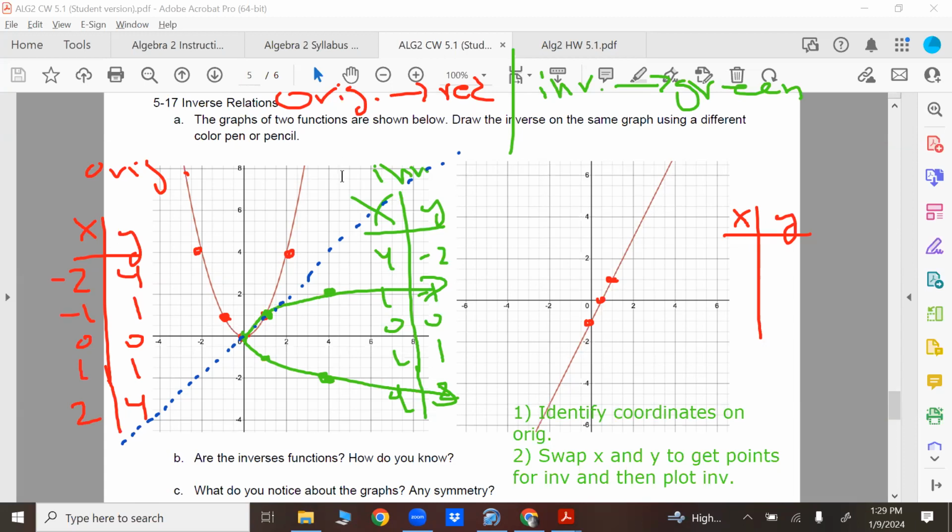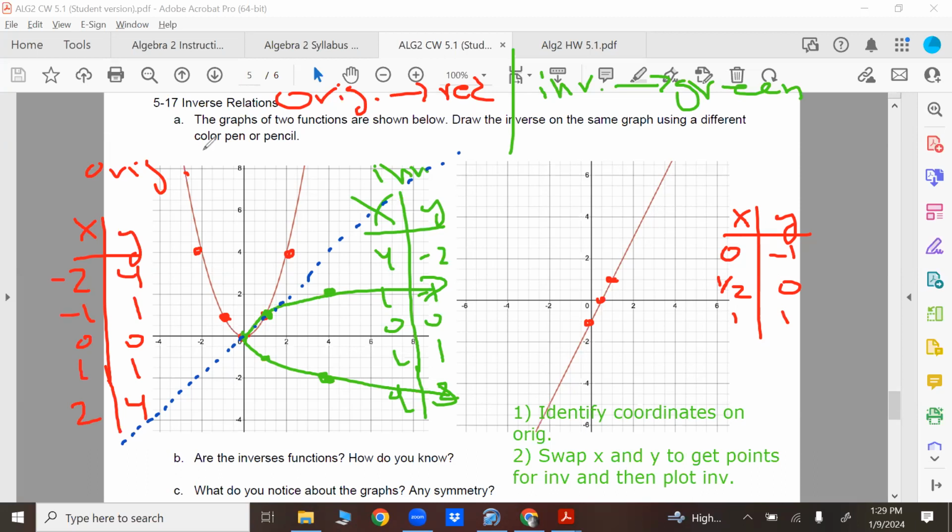So let's look at the line here. Let's go back to red. Where are some points on the original? (0, -1). Yeah, (0, -1). It looks like it's probably (1/2, 0). I don't know why I chose a fraction, my bad. And (1, 1). Is that right? Okay.